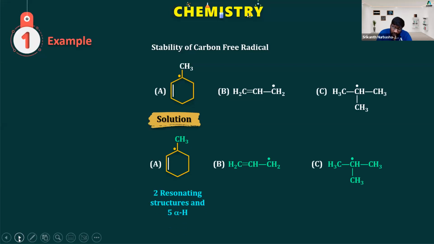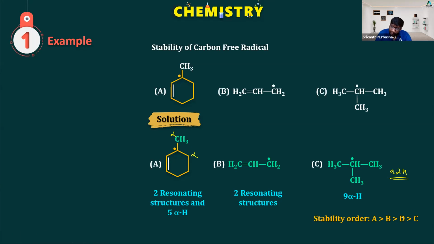So A and B have resonance, 2 resonating structures, and 5 alpha hydrogens. This is alpha, this is also alpha. Here we have 2 resonating structures. Here you have 1, 2, 3, 3 is 9 alpha hydrogens. So based on that, what can you say? A greater than B greater than C.